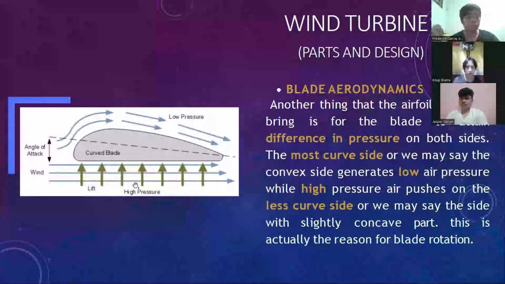Okay, so thank you. But here's a better diagram for what I was talking about before. You can see here that when the wind hits this curved blade, it forces the wind that goes on top of it to go faster. Now, we can think of the wind as a fluid, right? When it goes faster, it generates a lower pressure compared to the wind on the bottom.